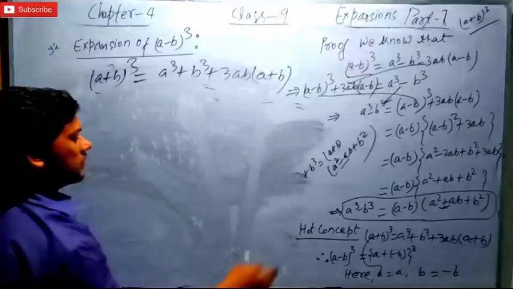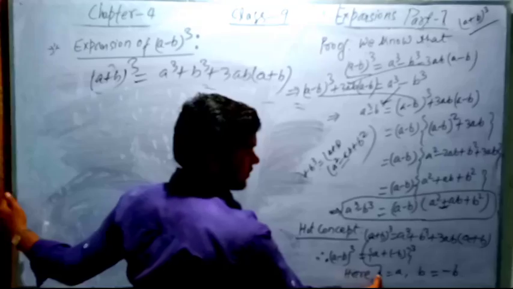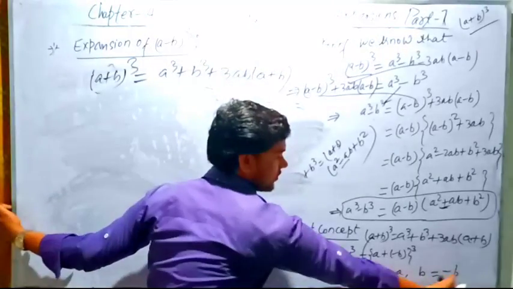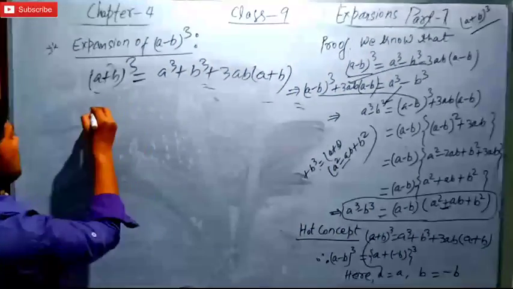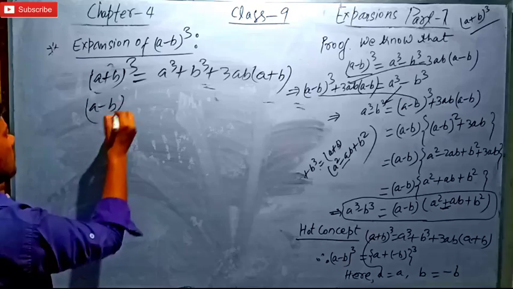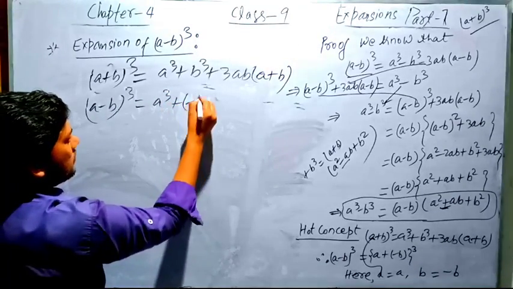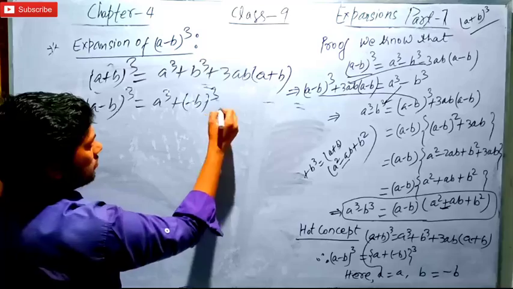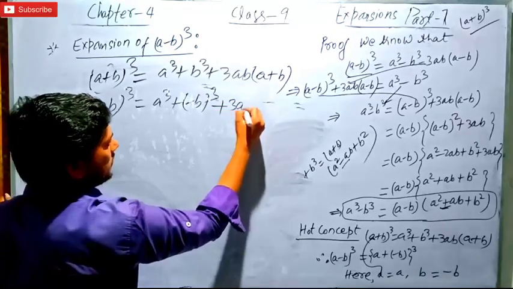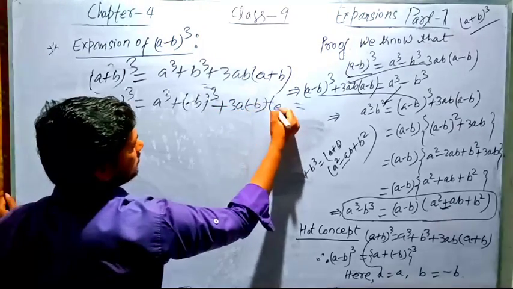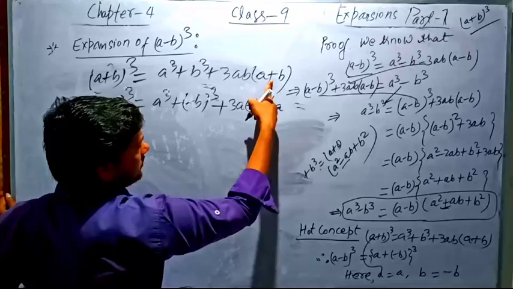You know this already. Only you have to replace a equal to a and b equal to minus b. So (a minus b) to the whole cube is equal to a cube plus (minus b) to the whole cube plus 3a into minus b into (a plus b).